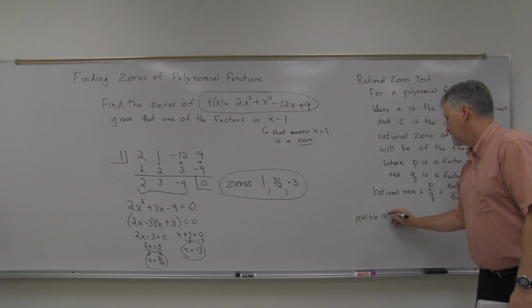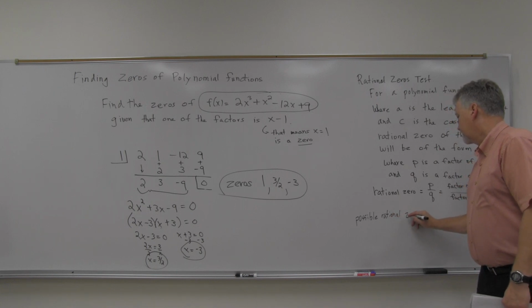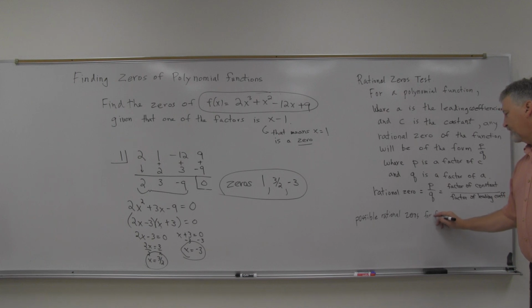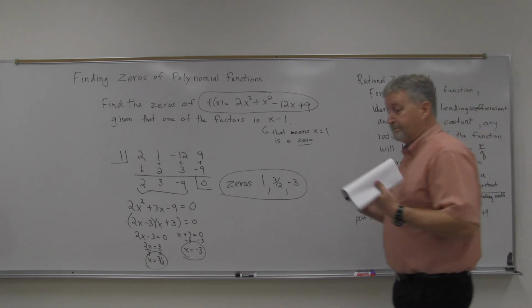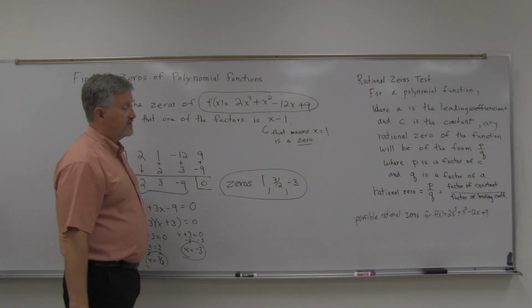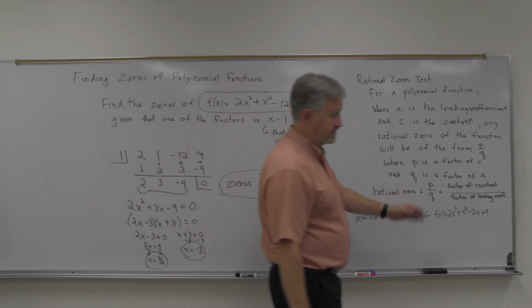What are the possible rational zeros for f of x equals 2x cubed plus x squared minus 12x plus 9? We already know the zeros, but let's list out the possible ones just based on the equation.